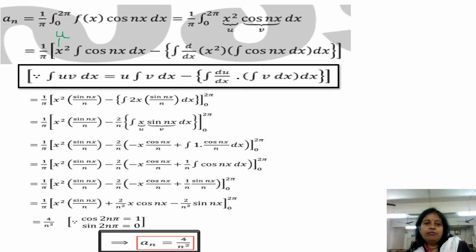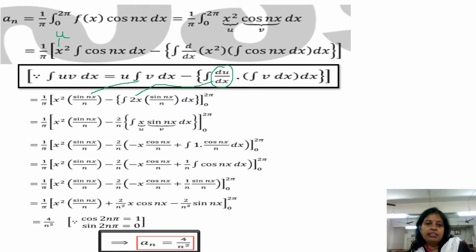We are using the formula integral of uv dx = u times the integral of v dx minus the integral of (du/dx times the integral of v dx) dx. Here du/dx is 2x.